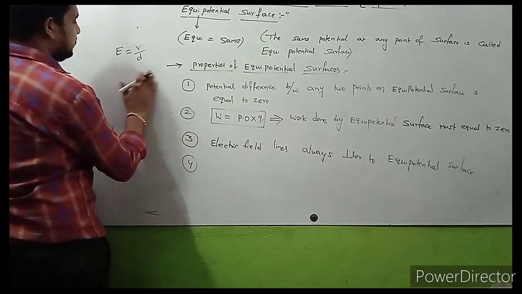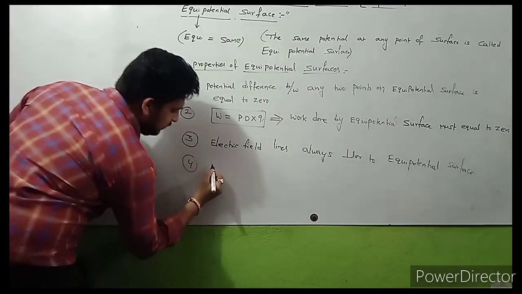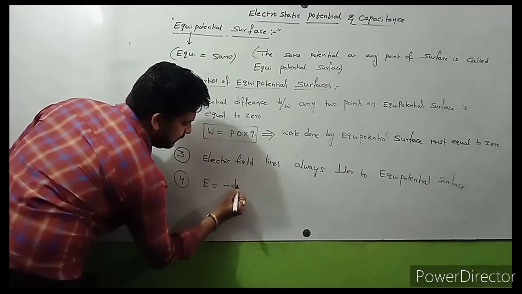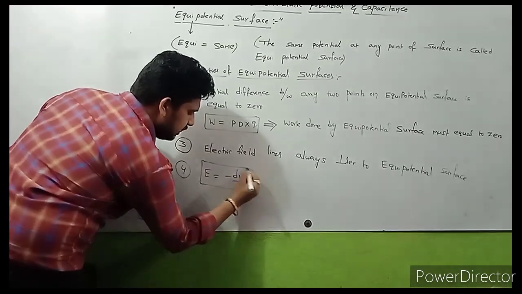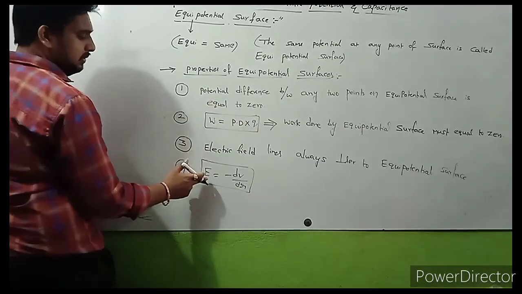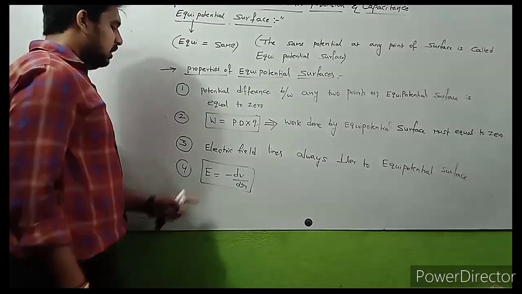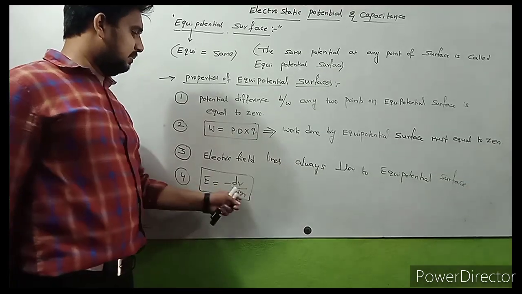E value constant. Generally E formula is what? E is equal to minus dV by dr. Already you know this formula, relation between electric field and potential. E is equal to minus dV by dr.